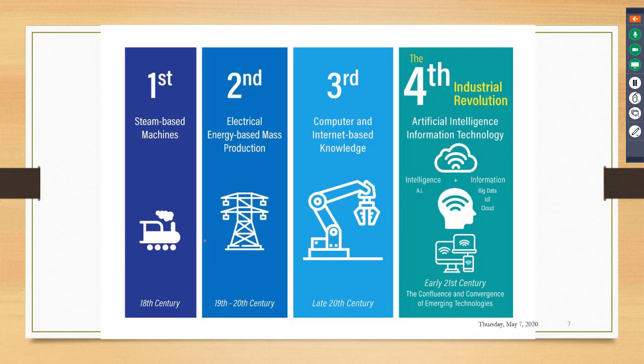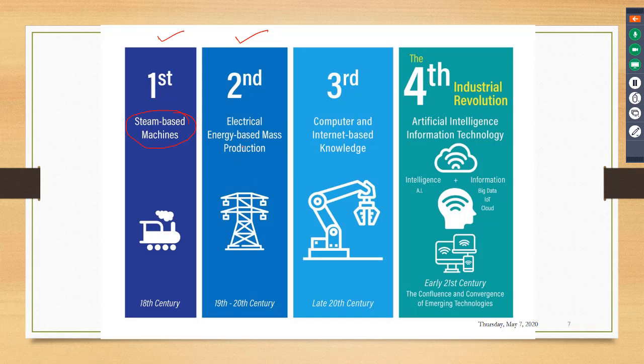So everybody knows the industrial revolution. This is the first industrial revolution which took place in the 18th century, and everything was steam based, and all the industrial happenings were going through steam based machines. And gradually the second industrial revolution took place in the 19th to 20th century.